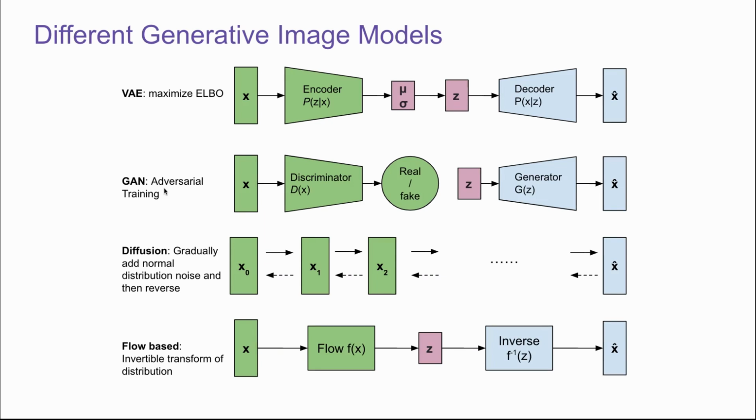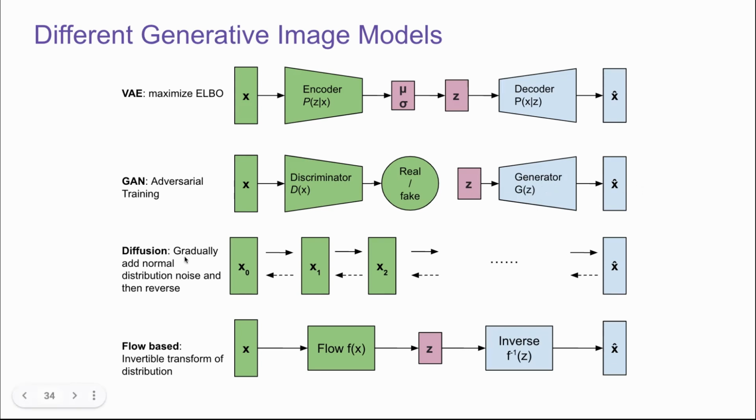So for GAN, we have the adversarial training. We train a discriminator and a generator, and the discriminator is going to learn to classify real and fake. The generator is going to generate images better and better until a point where the discriminator cannot determine whether it's real or fake. Then we can sample a random point in the latent space and ask the generator to generate new images.